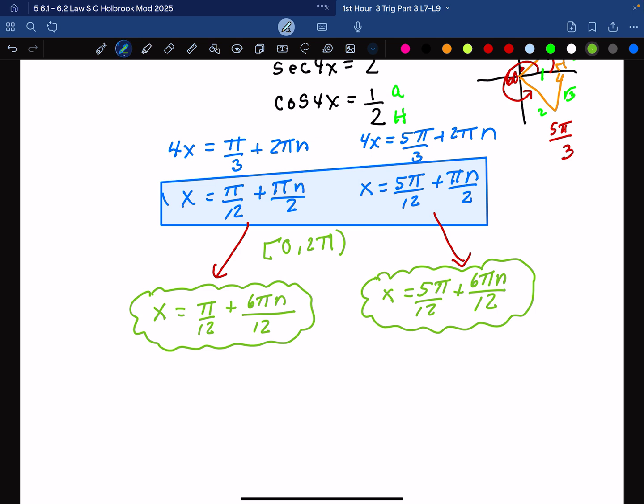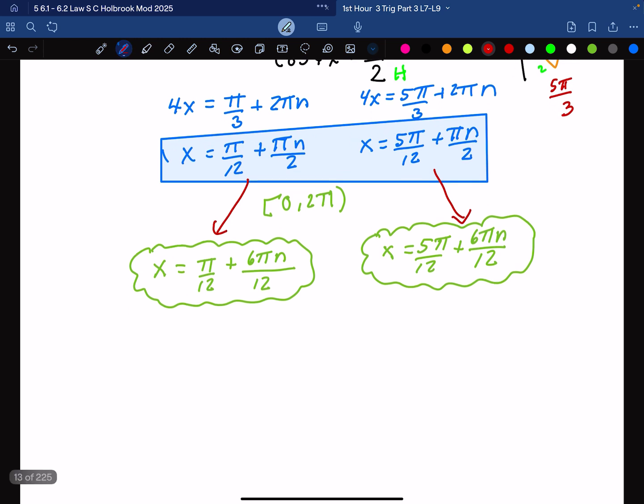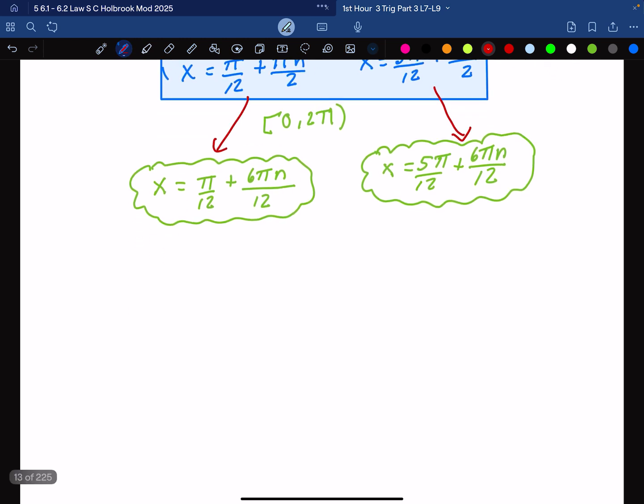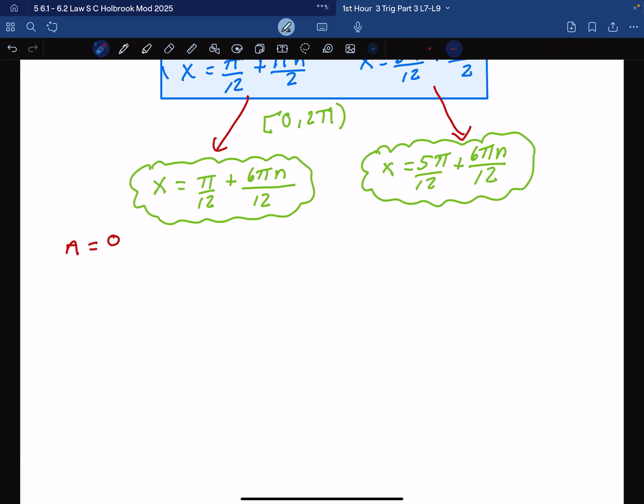You're going to do the same process. You substitute n equals 0 and keep going until you're outside of your interval. So when n is equal to 0, I substitute 0 for this one, and my first solution is pi over 12 because the second fraction goes away.